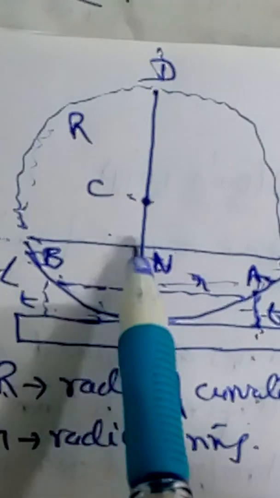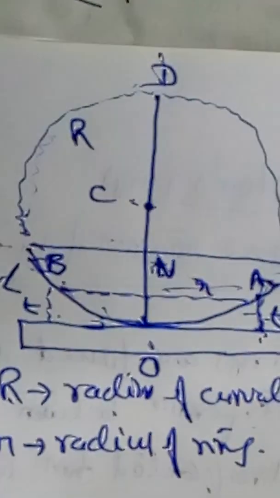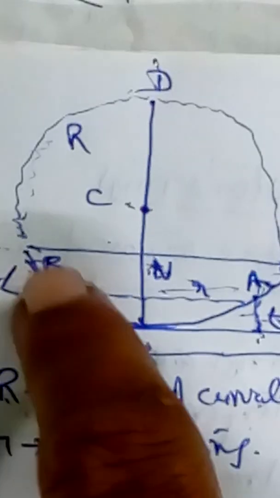This point you can call D. The property of a circle says, because these two are perpendicular diameters, NA into NB is equal to NO into ND. Clear? Using the property of the circle, NA into NB is equal to NO into ND. That is the property I am trying to make use of.